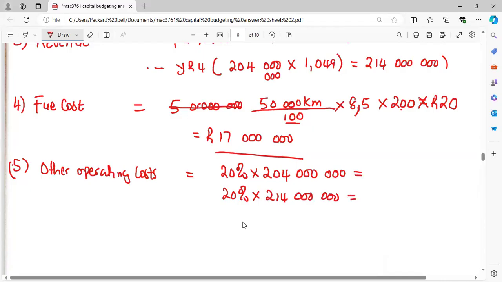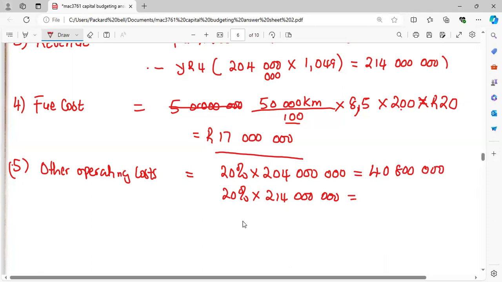So how much are we going to have in the first one there? The first one is going to be 204 million times 20%, which is 40,800,000.